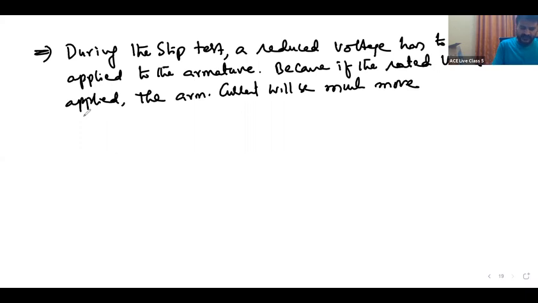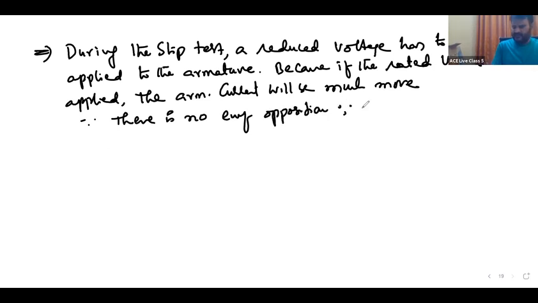Since there is no EMF opposition, since there is no DC excitation, that is the reason the armature current will be much more.